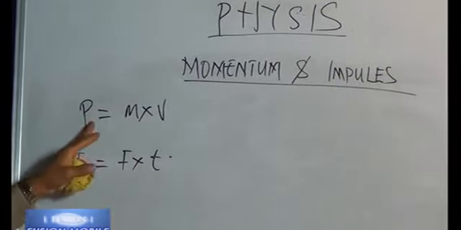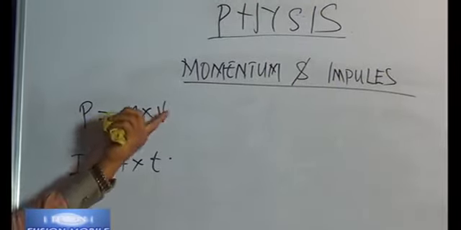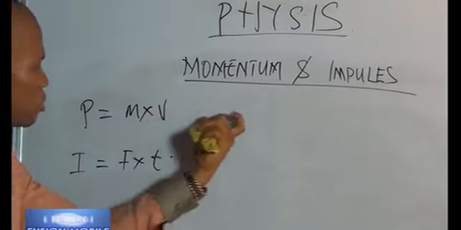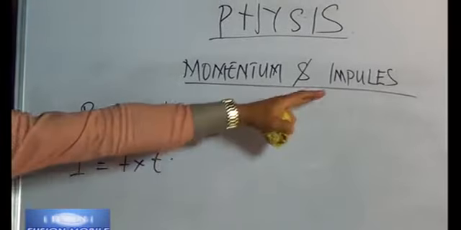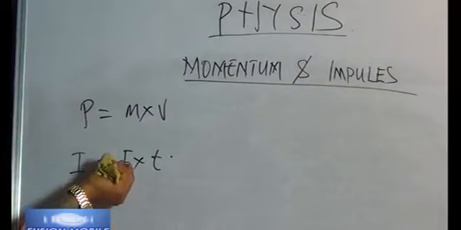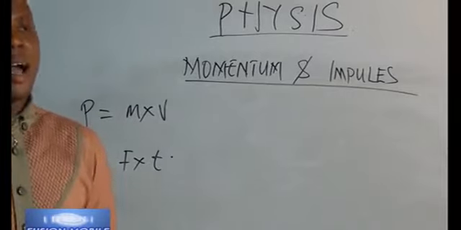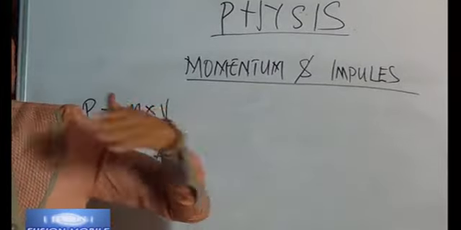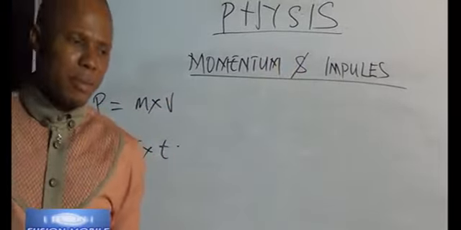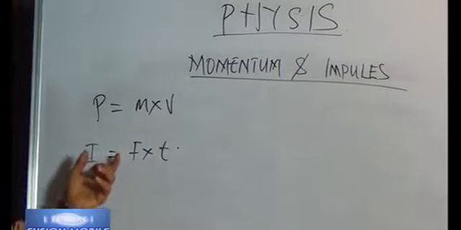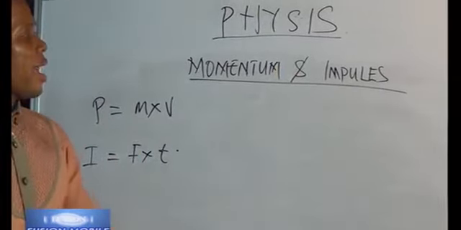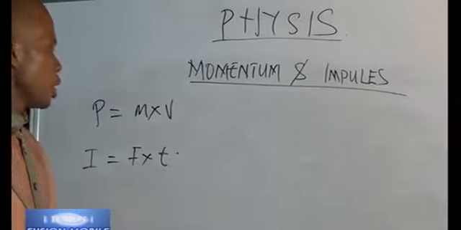Now, momentum is discussing velocity, how the body moves, while impulse is discussing the force, which means what caused the body to move. Just like in motion, we have kinematics and we have dynamics. Kinematics discusses how the body is moving, while dynamics discusses what causes the body to move.